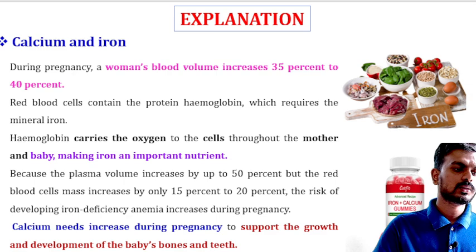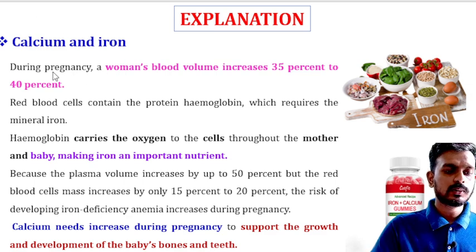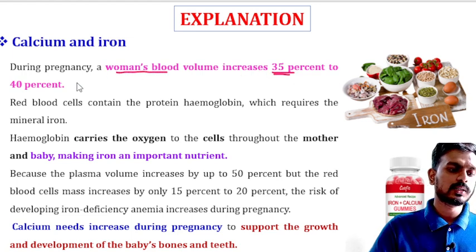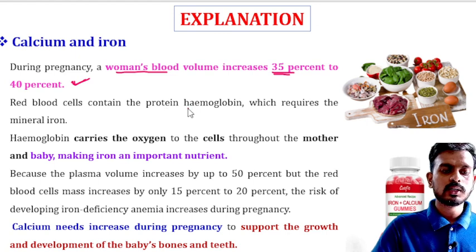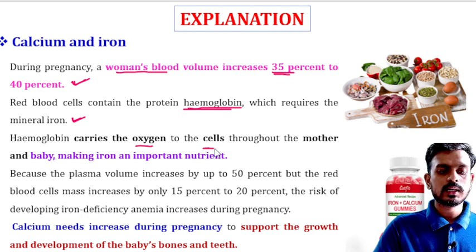Calcium and iron. During pregnancy, a woman's blood volume increases by 35% to 45%. Red blood cells contain proteins such as hemoglobin, which requires the mineral iron. That's why hemoglobin carries oxygen to the cells throughout the mother and baby, making iron an important nutrient.